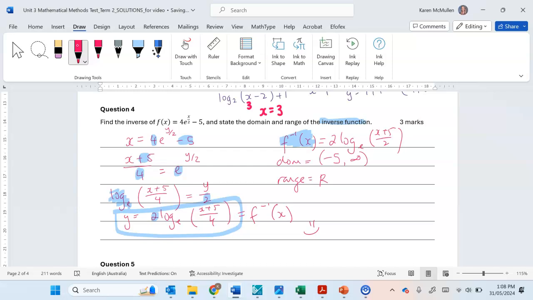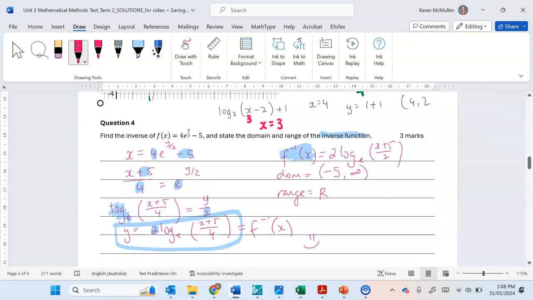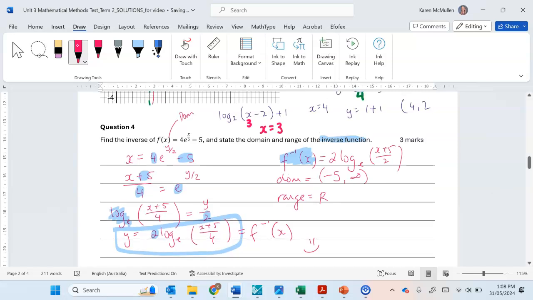Now for your domain and range, remember your domain and range switch. If we did the domain of this graph, so it's an exponential graph, it's going to be any real value. X can be anything. It can be negative, it can be positive, it can be 0. But your range, and remember with an exponential graph you do have a horizontal asymptote, and this one has been shifted down 5.